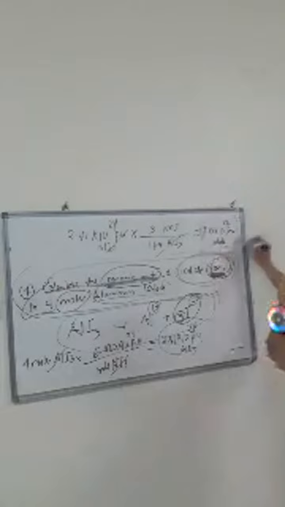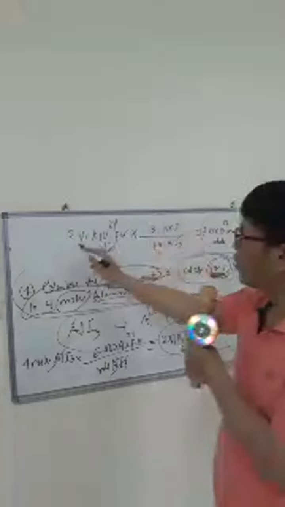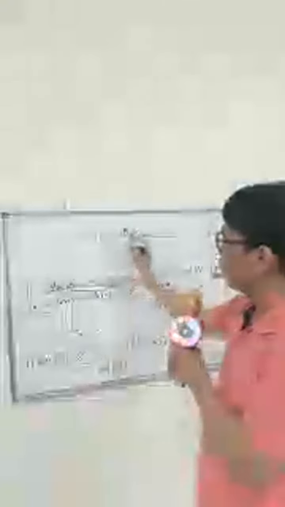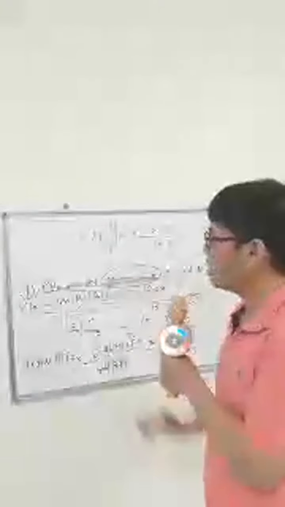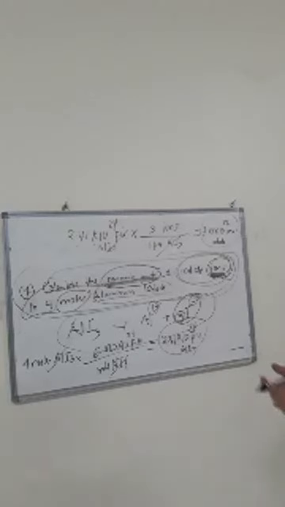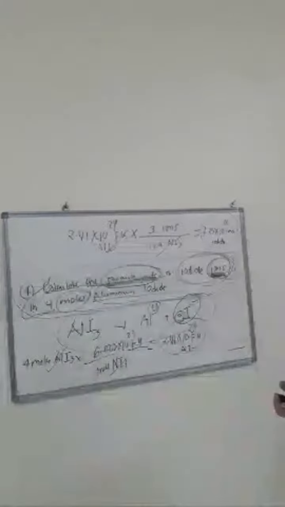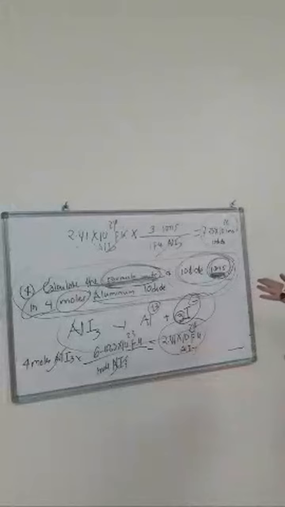You have 7.23 times 10 to the 24 iodide ions in 2.41 times 10 to the 24 formula units of aluminum iodide. Something like that. You don't need the gram here, because there are no grams, only formula units. So no need, unless it's being asked to calculate the formula units and iodide ions.